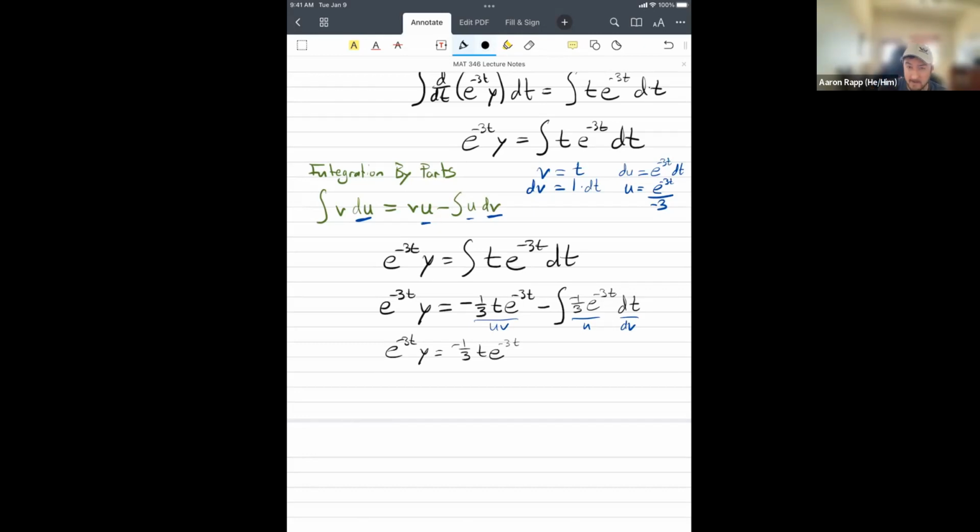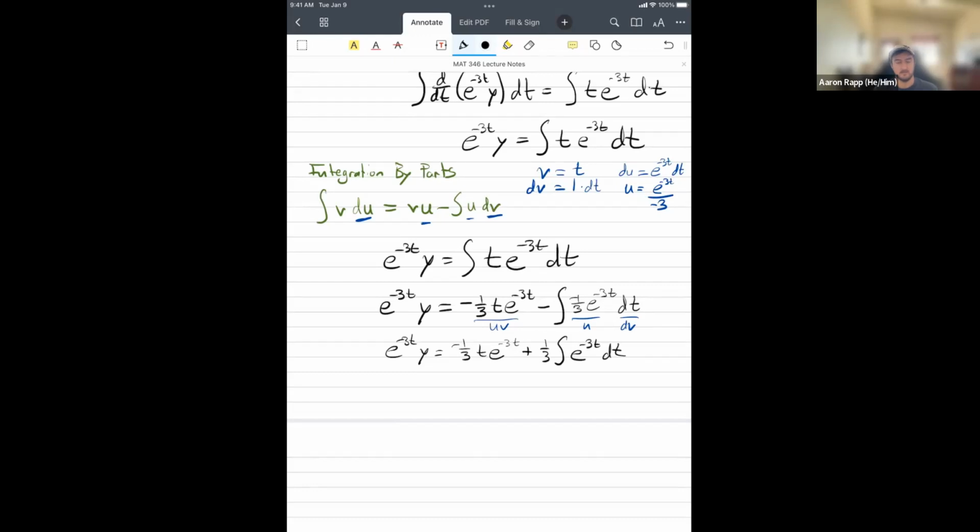So I'd be subtracting a -1/3 times blah. What happens with those two negatives? They cancel each other out, giving me a positive 1/3 times the antiderivative of e to the -3t dt.